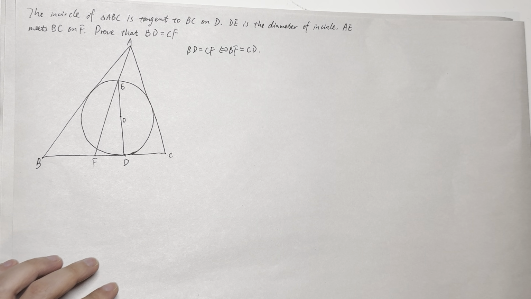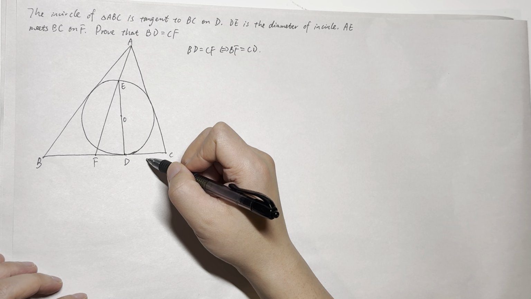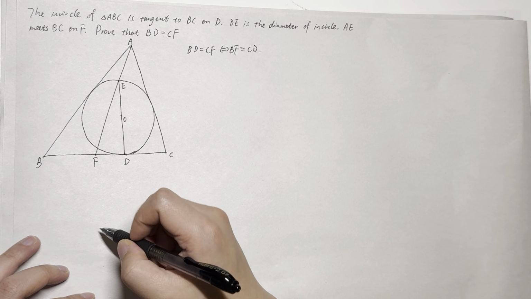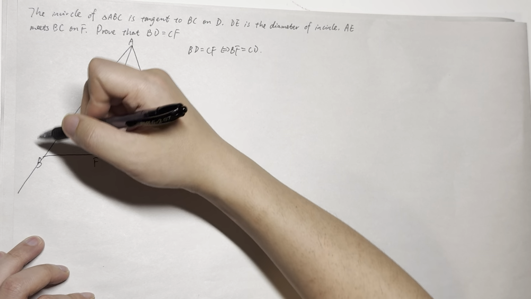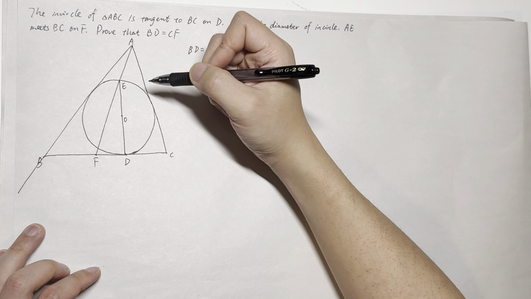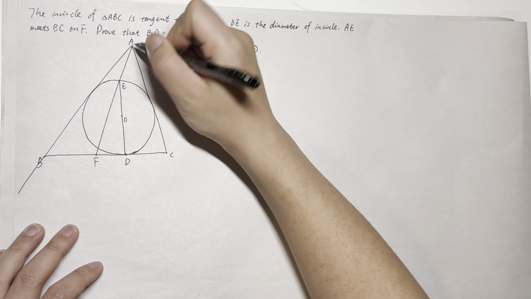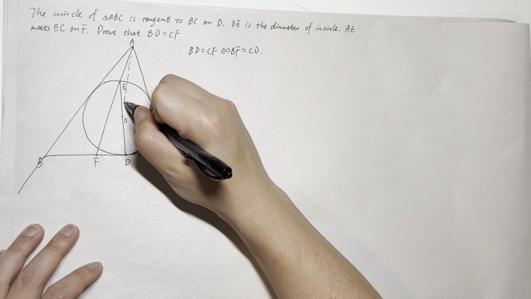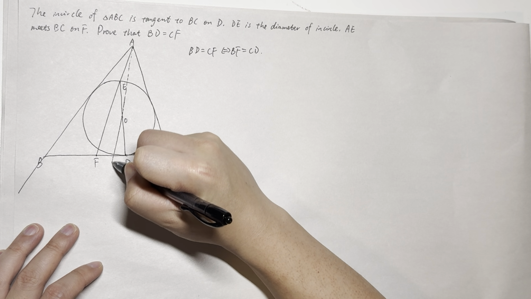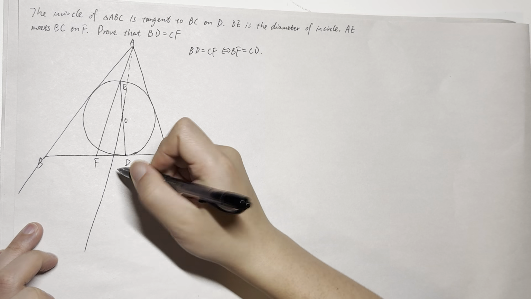So this actually reminds us that we learned it in the property of the excenter, that this distance equals to the distance. So if we find the excenter of the angle A, right?